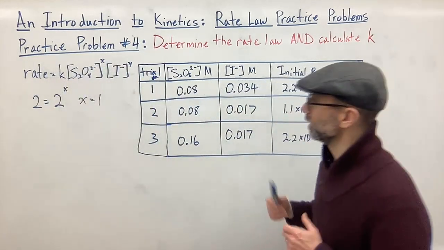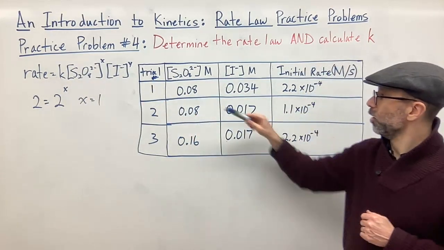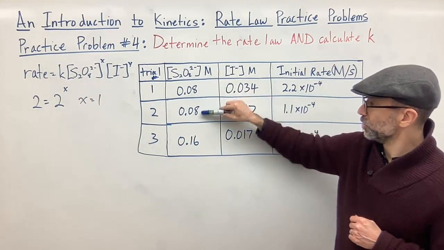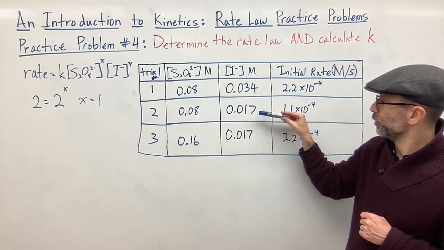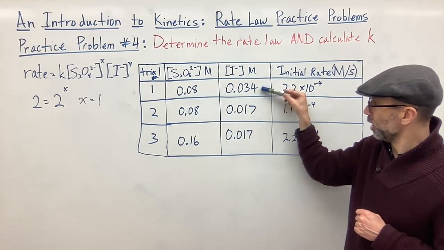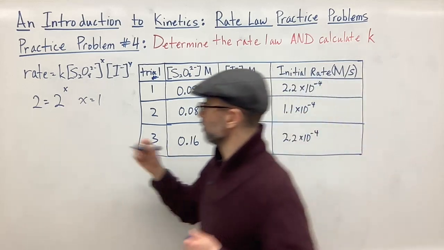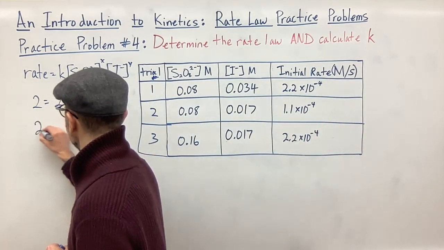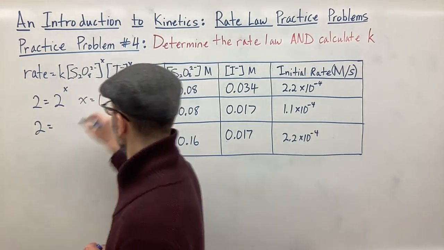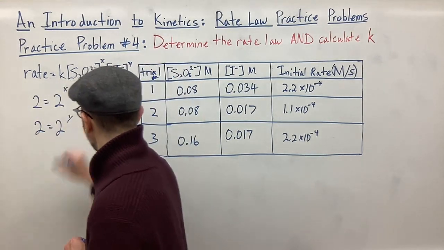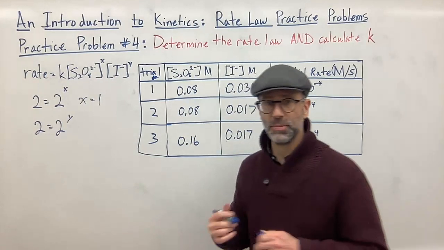Do the same thing now for I. We want to hold this constant, so these two are going to be constant. And if we go from this one to this one, it doubles. And if we go from here to here, it doubles. So same thing. We put in a 2 for the rate, 2 for the I, to the Y. Everything else drops out because it's constant.